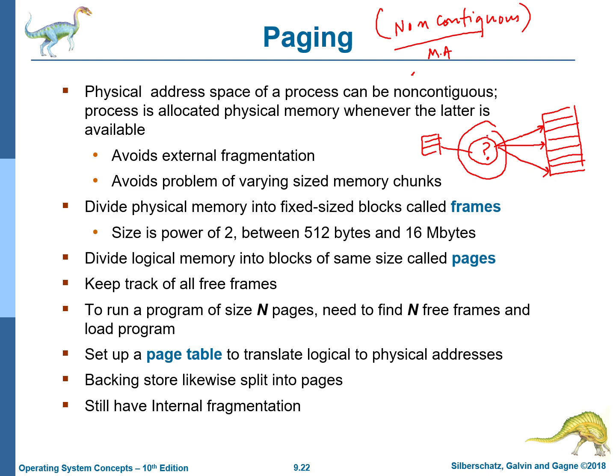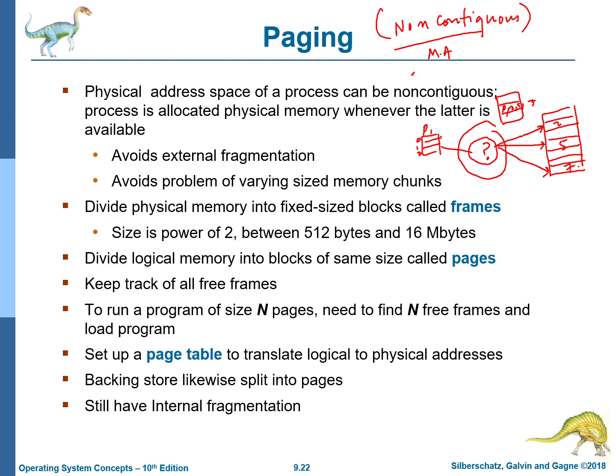So in the memory management unit we have something called a page table. Suppose this is process 1 and we have pages 0, 1, 2. In the page table we already know that P1 is stored in the 2nd, 5th and 7th locations.